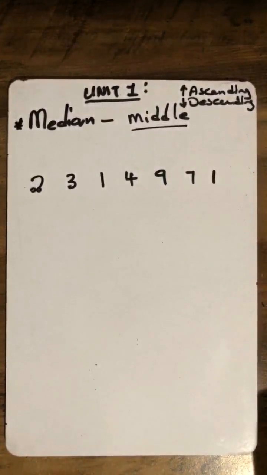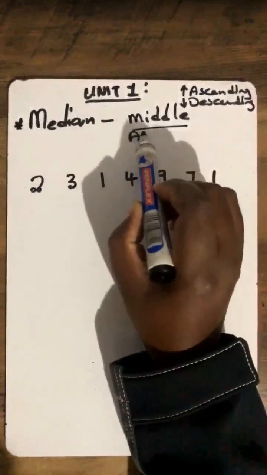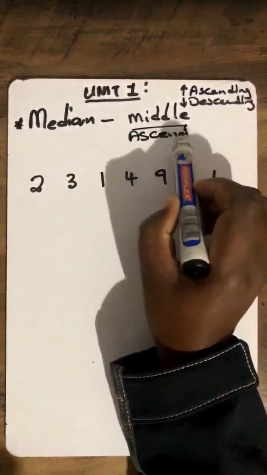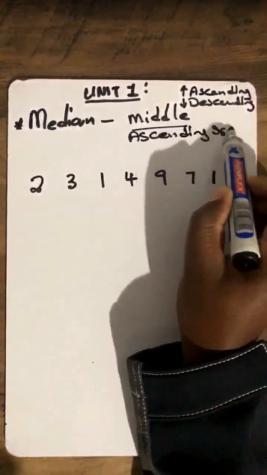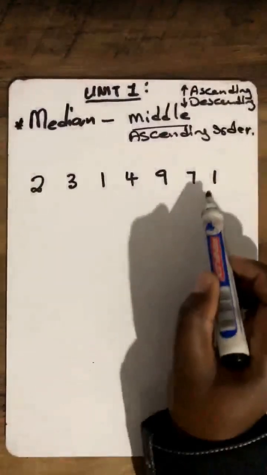So, this one of the median, that's when we need to arrange these values in ascending order. So that means we can start with 1 and 1.